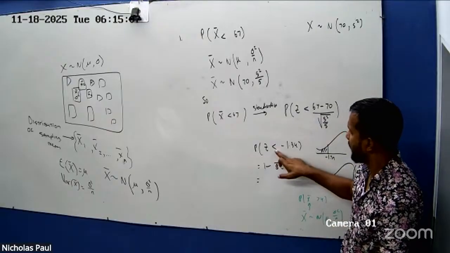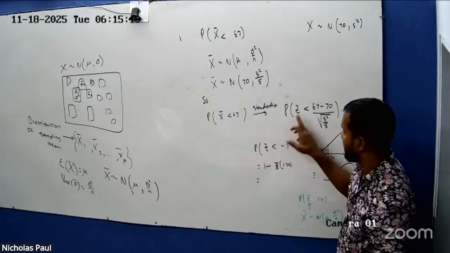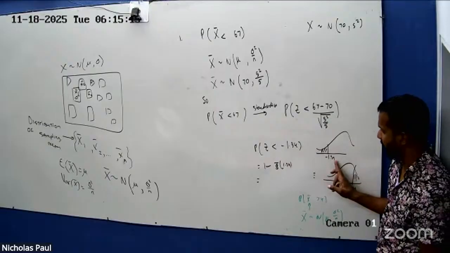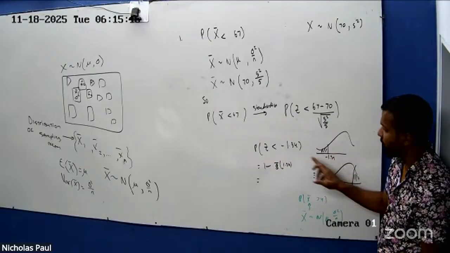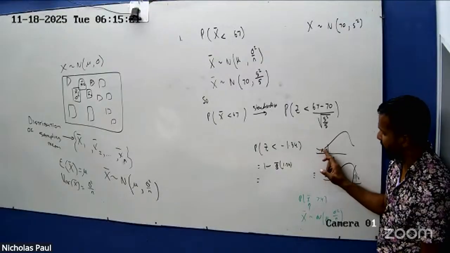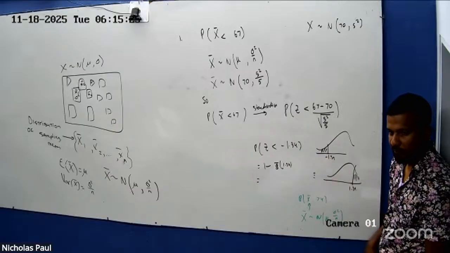Yes, standardized. This will change. This is already changed. But we need this to help us figure out what we're doing here. Less than negative means that this is a small area. And because it's symmetrical, this will be the same as this. Remember, there are no negative values in the table.